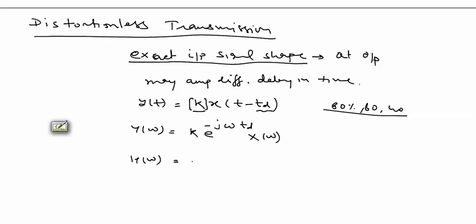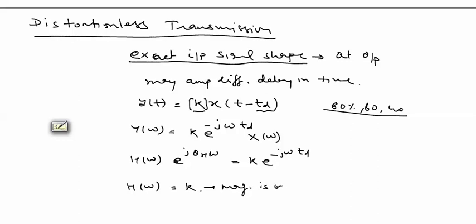H(omega) equals magnitude times e to the j theta of omega, equals k e to the power minus j omega td. H(omega) now is k, constant. Magnitude spectra is constant throughout the frequency range for distortionless transmission.